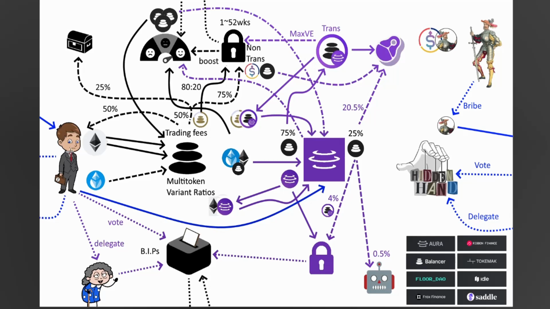So if Dollar Bill votes on his pool, then he can get those bribes via Hidden Hand. Now, alternatively, he can just delegate to Hidden Hand, and Hidden Hand will then basically, as a DAO, look at all the bribes and try to get him his best return on investment and make it a little bit more simple for him.